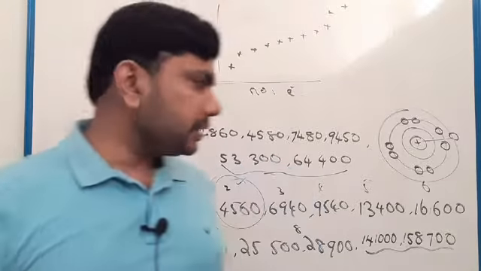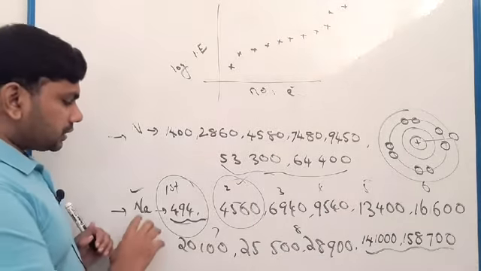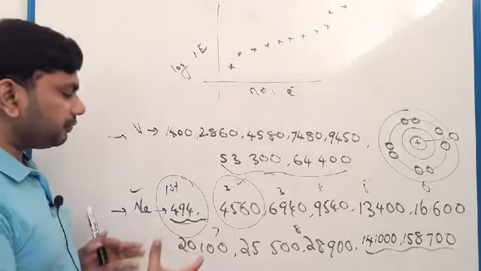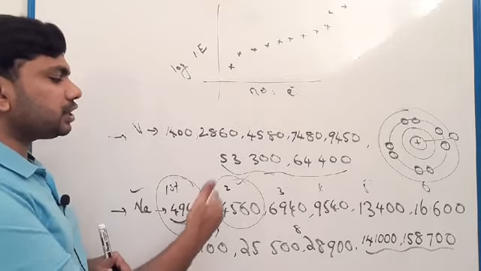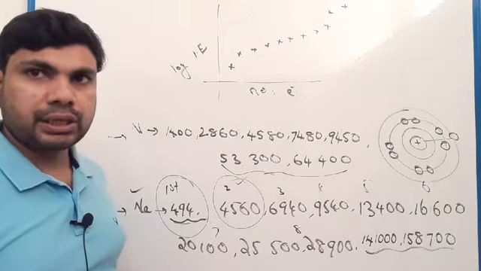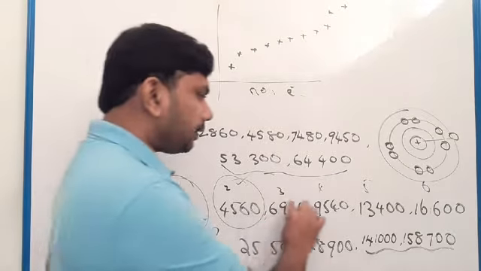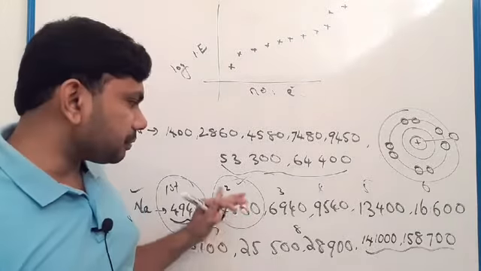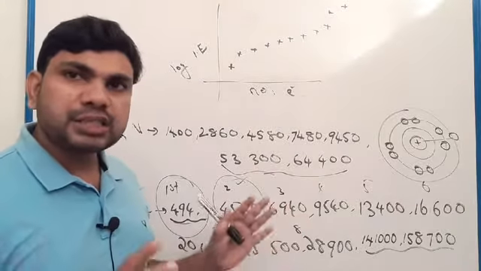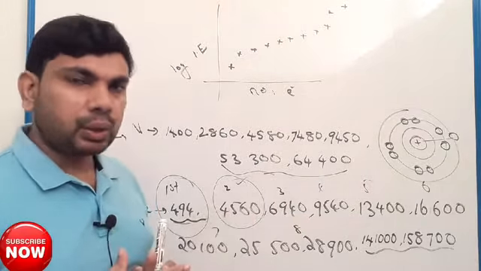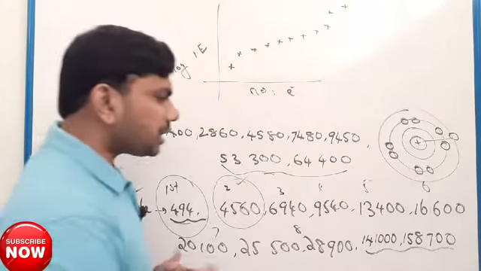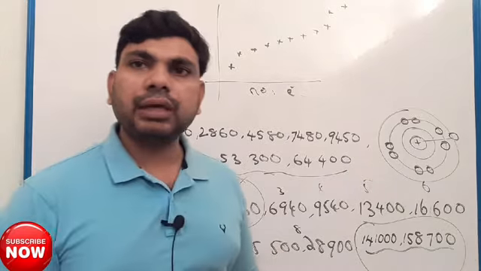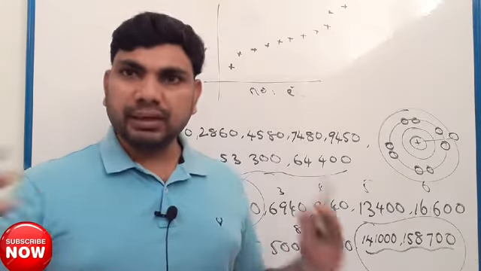Okay, so here we discuss this is ionization energy of sodium. Here you can see a big difference in first ionization energy and second ionization energy. Okay, then rest of the ionization energy, there is increase. Ionization energy increases from second, third, fourth, but these values are close to each other. Okay, after that last two ionization energy, we can observe that there is a big difference.